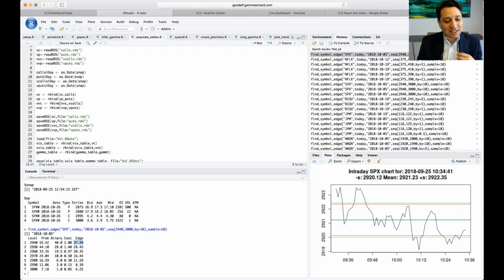So right there, that's how you use the edge tables. You look for levels that you think the market will get, levels with good probabilities and with lower cost. In this case, $2 is kind of expensive. You don't want to enter a position at such an expensive value. So you're looking for some kind of compromise between cost and probability and, of course, edge.